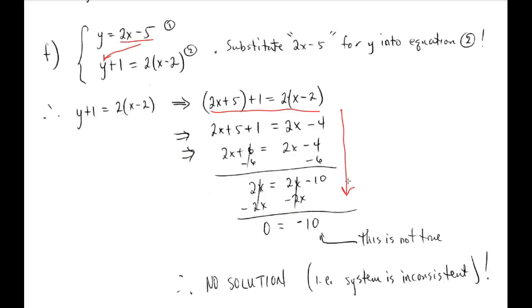Of course, this is another case where these two numbers are not equal, so we have no solution. The system is considered to be inconsistent, and this again is a case where we have two lines that are parallel, meaning that the slopes are the same, but their y-intercepts are different.